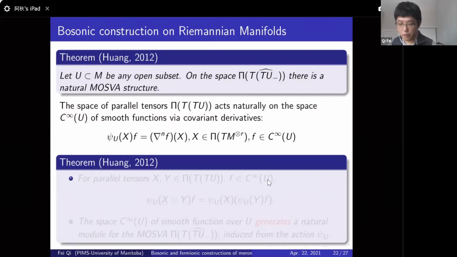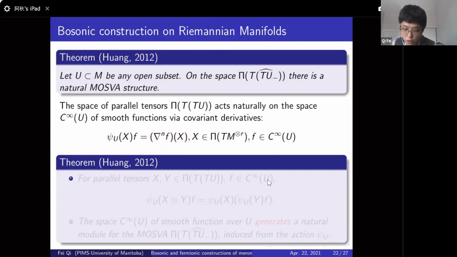The action is defined using covariant derivatives. So in other words, for a tensor of degree r, we can define its action on a smooth function simply by the covariant derivatives. So we just take the covariant derivative of f. Oh, I think there's another typo over here.